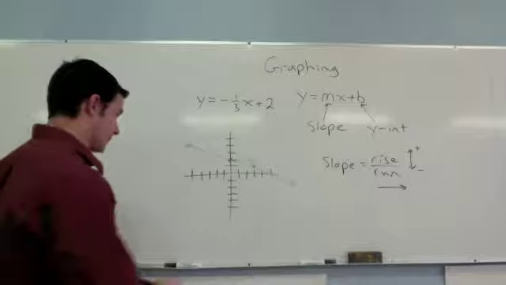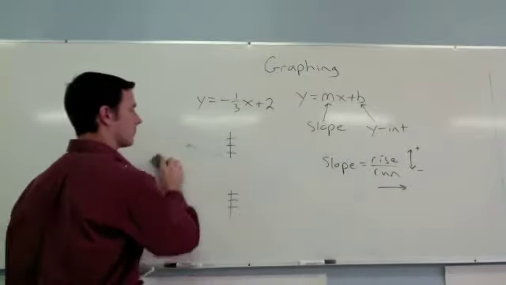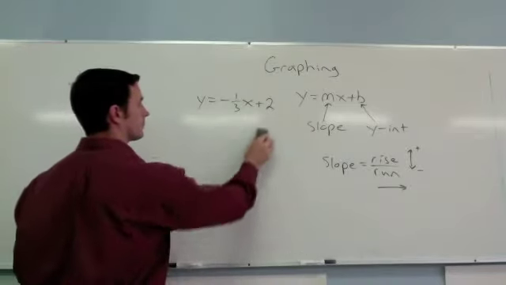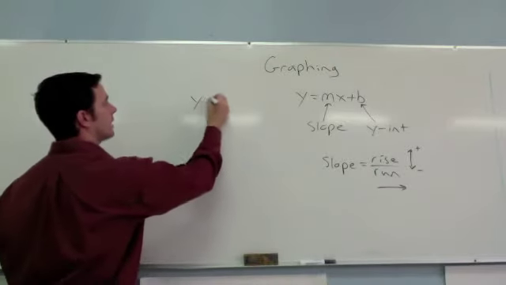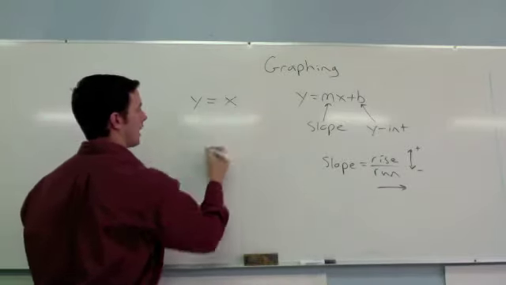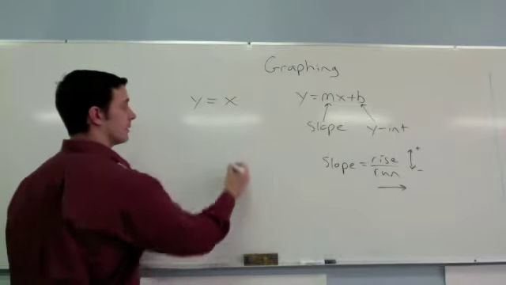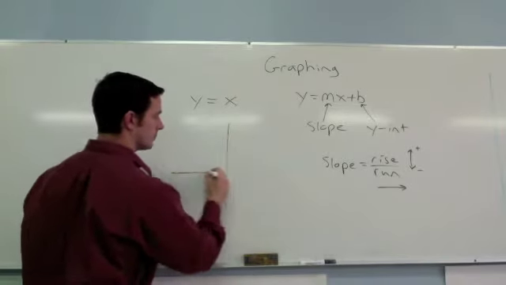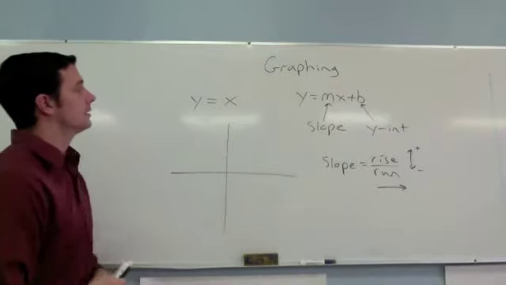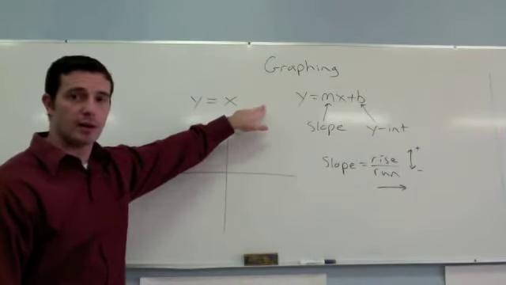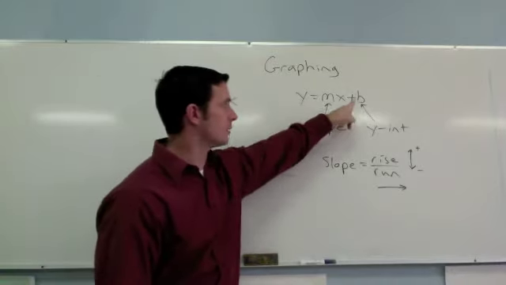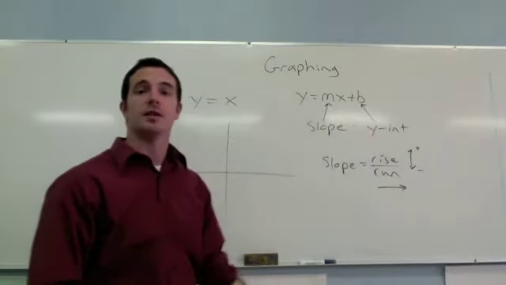Let's try one more. If I have y = x. For this one, again, I don't have a number in the back. When I don't have a number in the back, that means your y-intercept is 0.